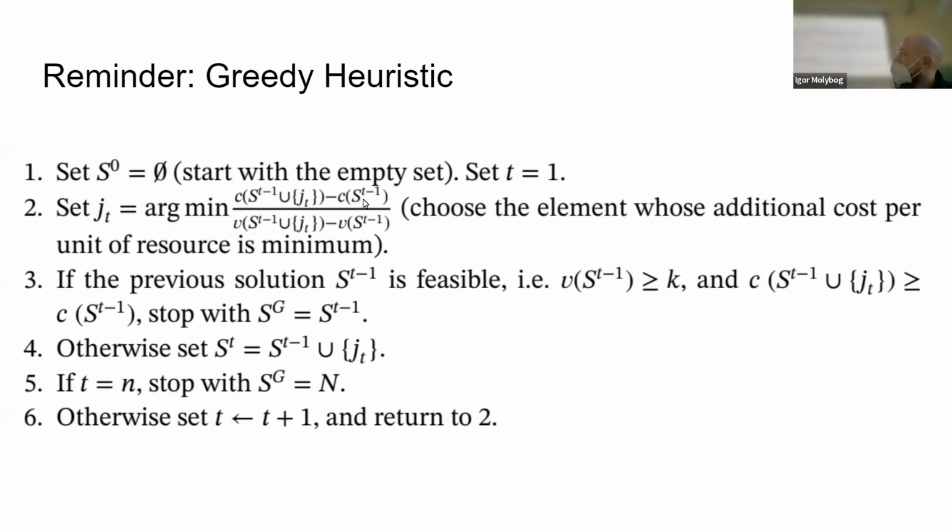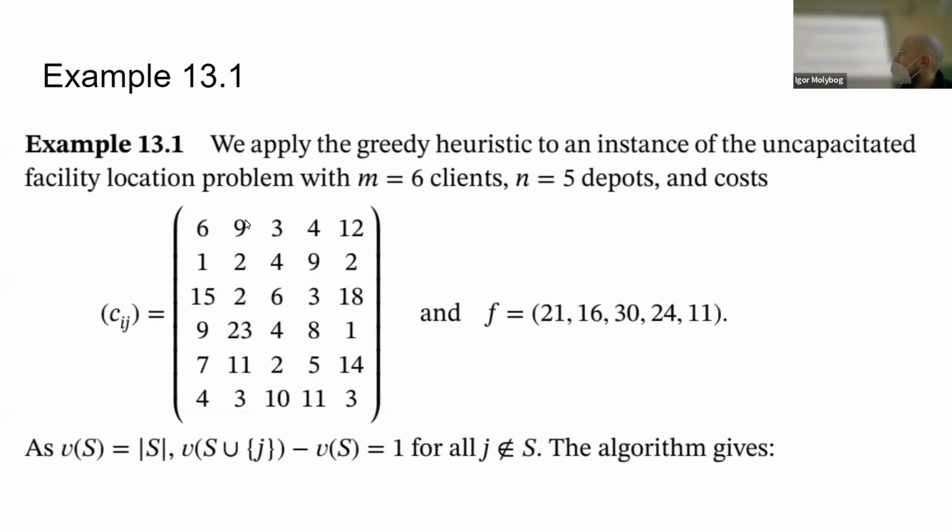And the difference for the function V can be ignored in our case just because we set V to be this much, and therefore for any j, no matter what element you're putting into the bag, you will be dividing by 1. Therefore, you don't have to care about it.